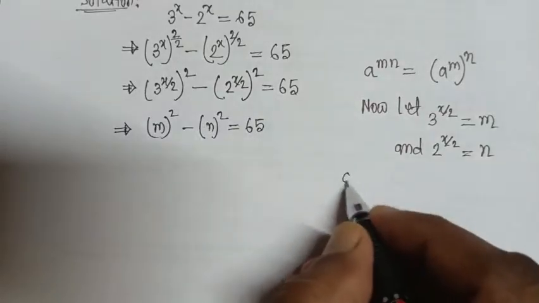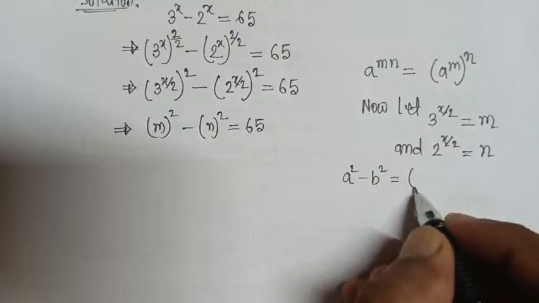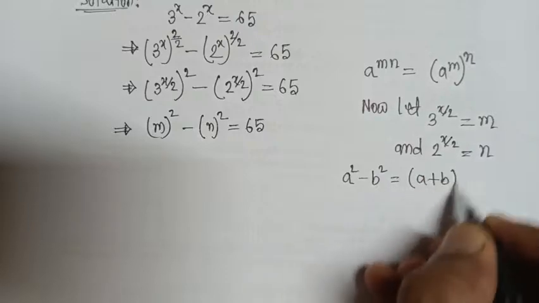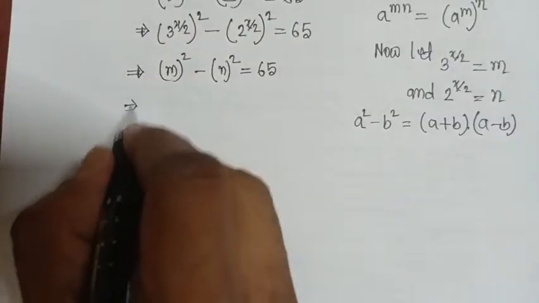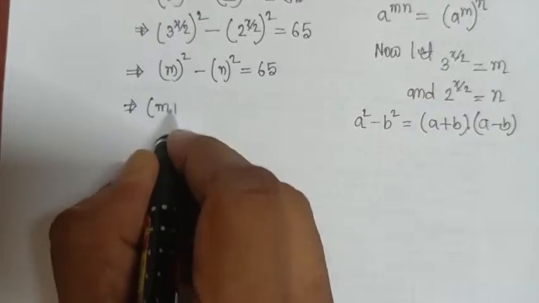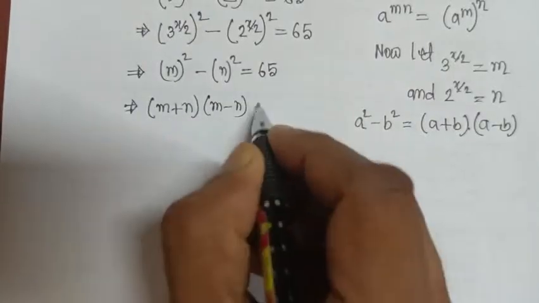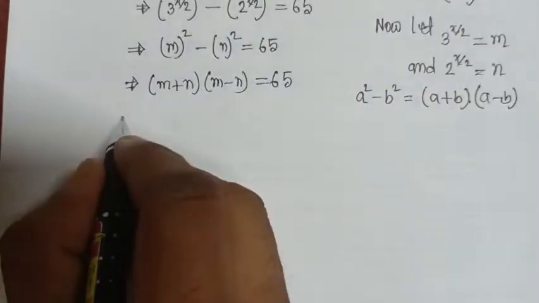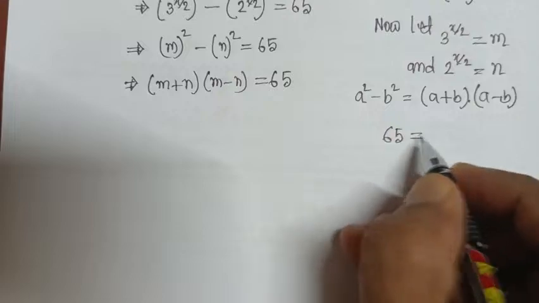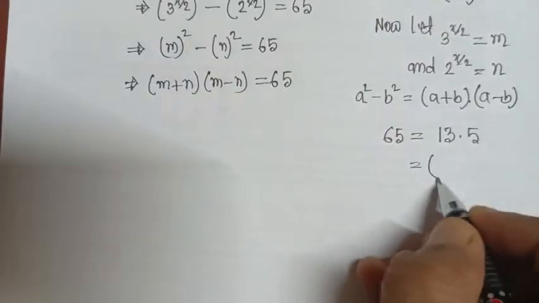Now we know a squared minus b squared is equal to a plus b into a minus b. Applying the same here, it becomes m plus n into m minus n is equal to 65.